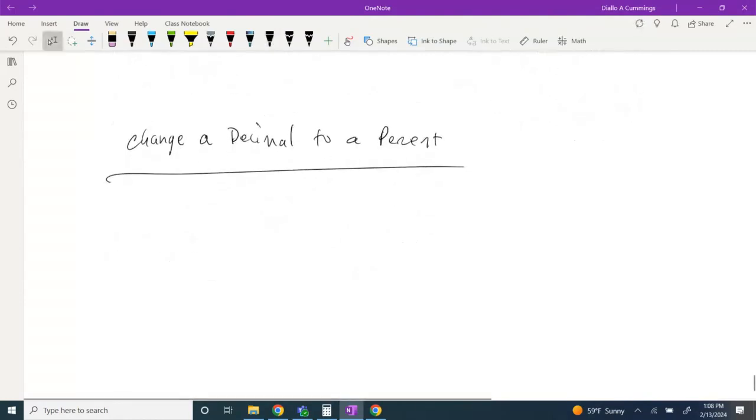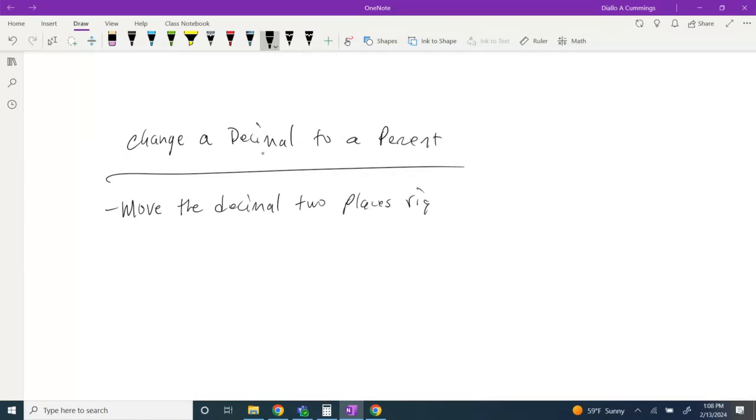You're going to move the decimal two places to the right, and you're going to add the percent sign.